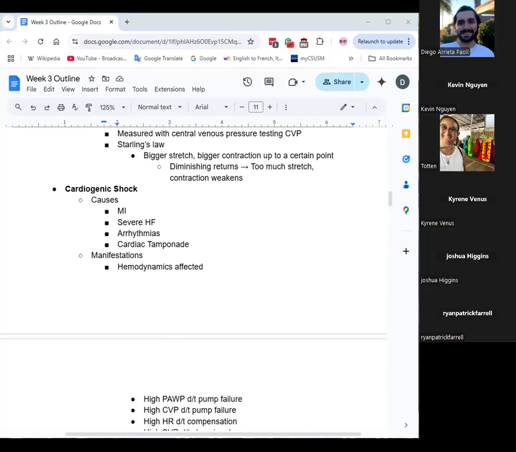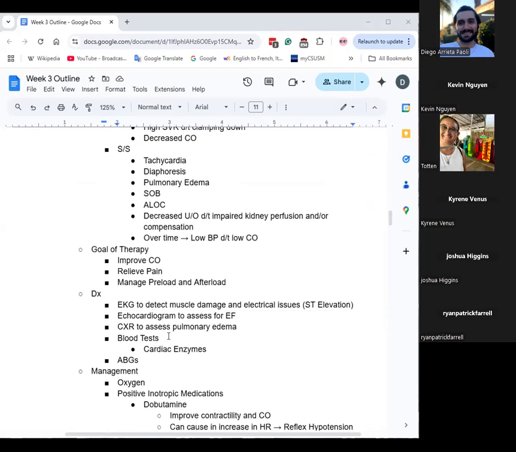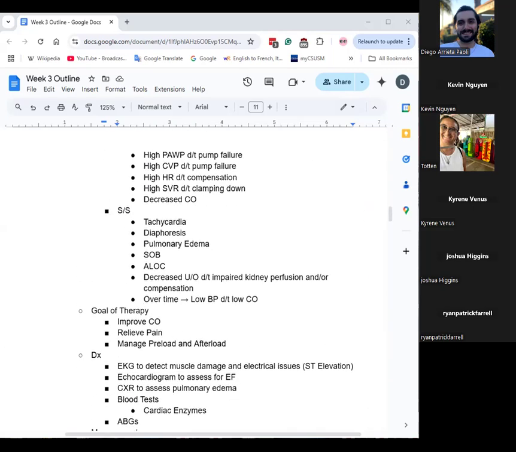Yeah, I have a question. Are we going to use pressors if they are hypotensive in this situation? I got what you're saying. I believe in this situation, let me double check, but I know for sure our inotropic medications are going to be one of the main things you do.